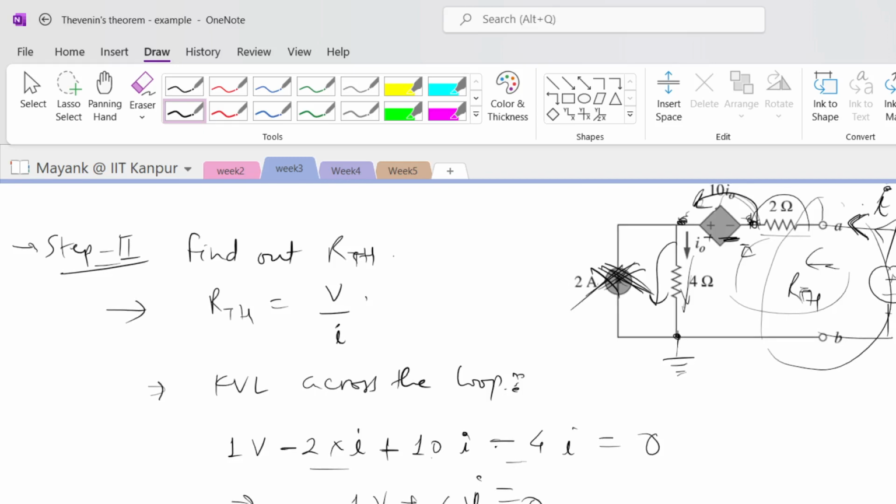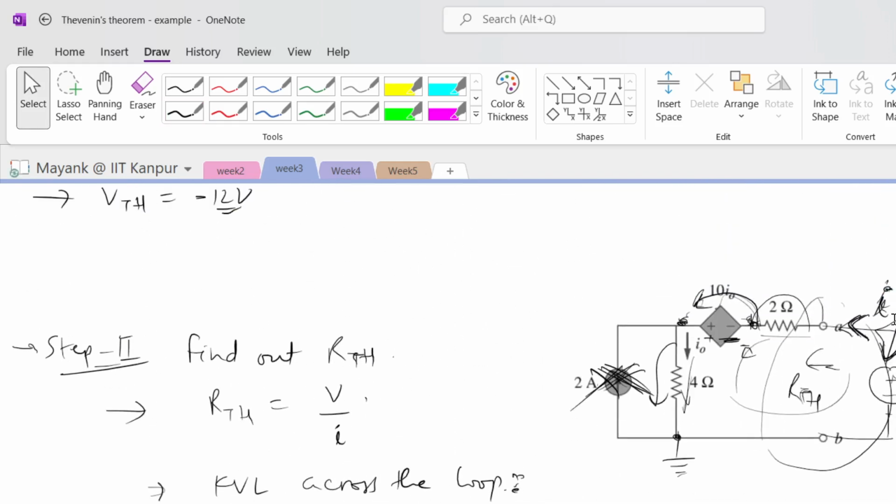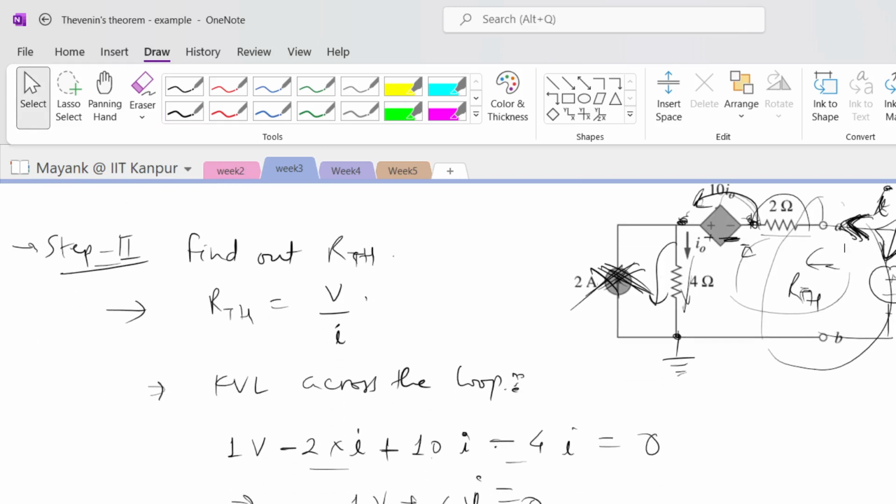It shows that the direction of current that we assumed is wrong. So basically the current is going to flow in the other direction, but as per our convention we have to assume the direction that was assumed earlier, so the current comes out to be minus 0.25 ampere.